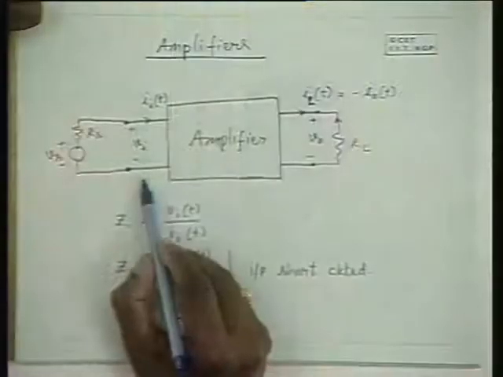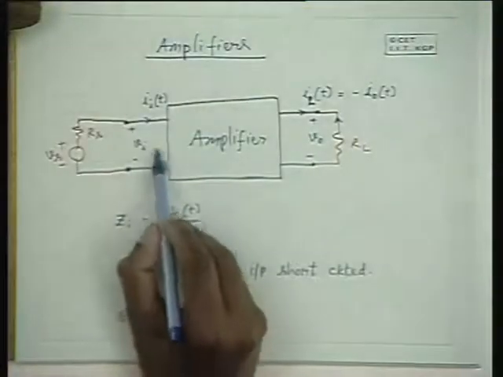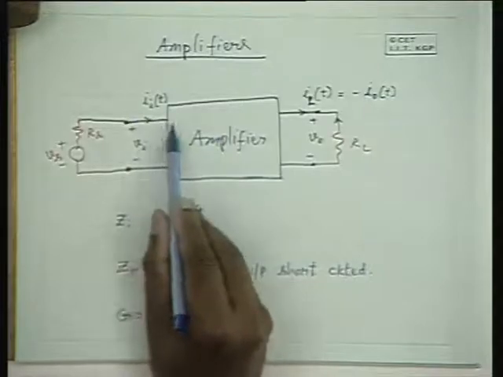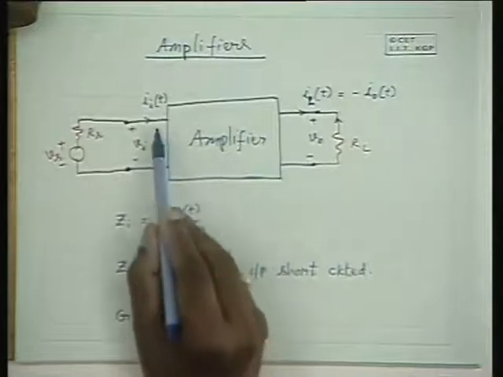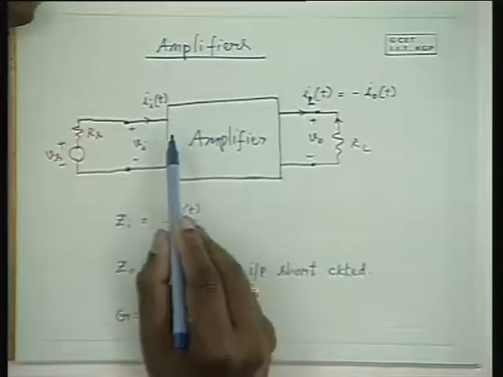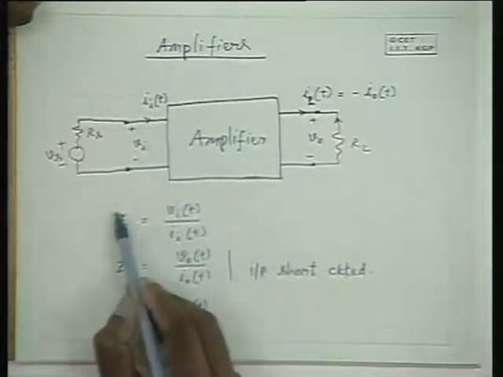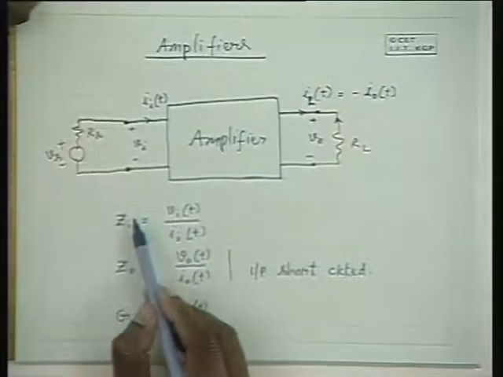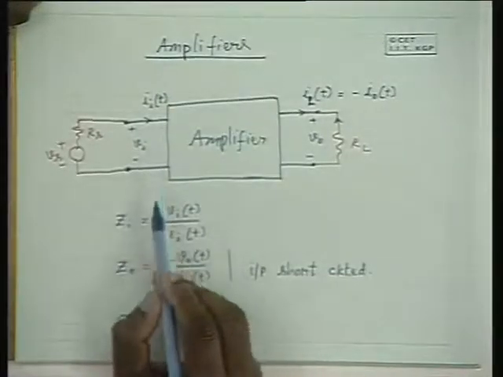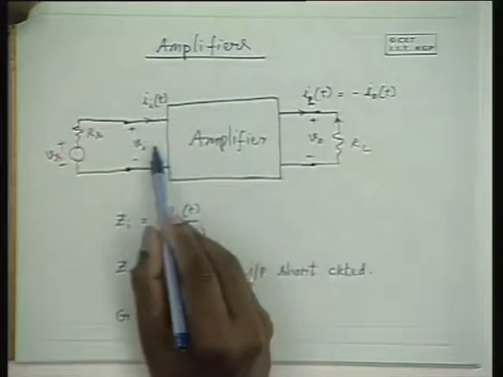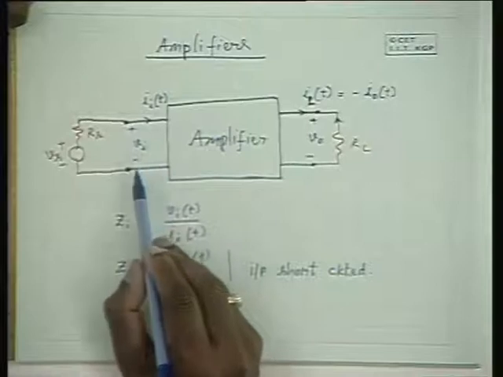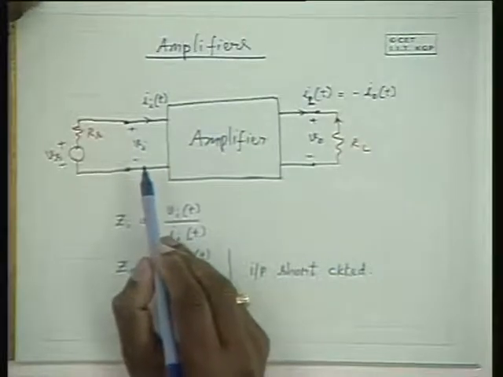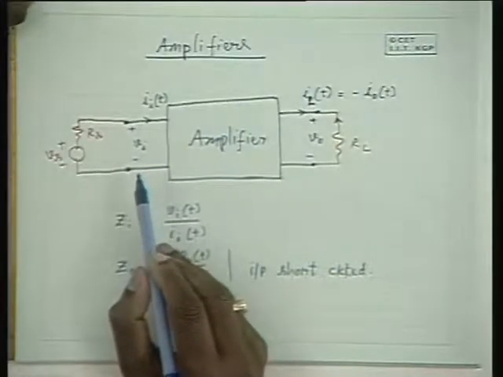Earlier I mentioned that at the input port, an amplifier exhibits some resistance, which is denoted by Ri. If I generalize it to an impedance, it becomes Zi, the impedance at the input port. In general, an amplifier exhibits some impedance rather than a pure resistance at the input terminals, because amplifiers do involve some capacitances.